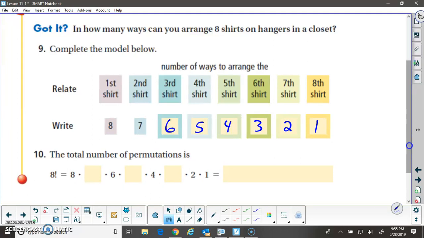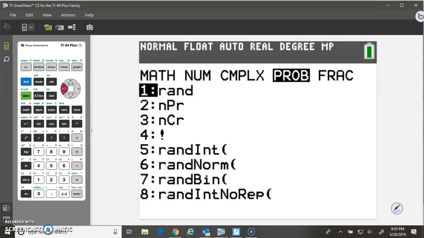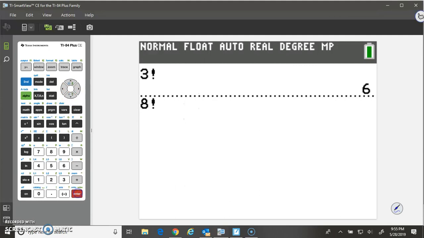Thus, this is 8 factorial, which is simply 8 times 7 times 6 times 5 times 4 times 3 times 2 times 1, which if we multiply those out, it should give us 40,320. We can verify that on the calculator. 8 factorial gives us the 40,320.